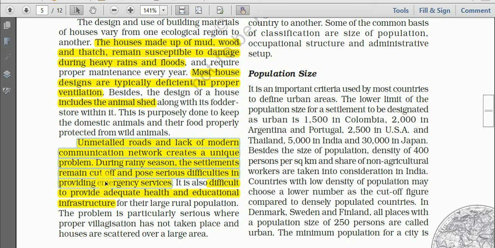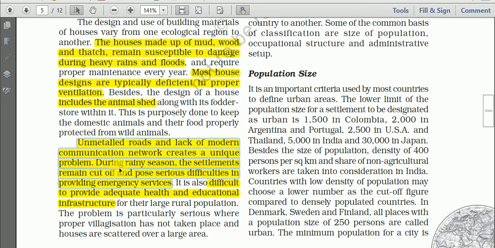Since the roads are unmetalled, they become inaccessible at the time of the rainy season, and pose serious difficulties in providing emergency services. In the village there may be landslide, there may be flood. In that case, if the road is a fair weather road, then it becomes a problem for the provision of these emergency services.